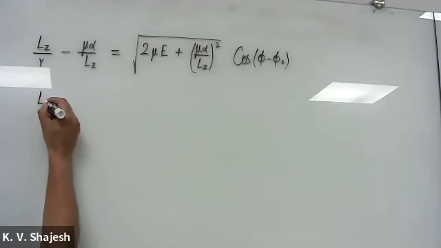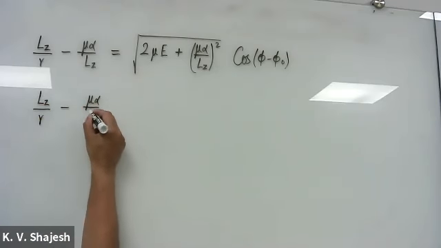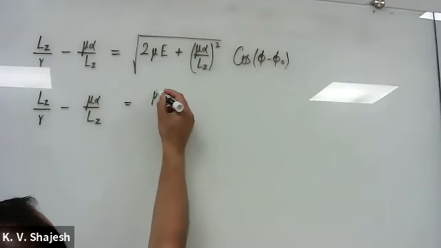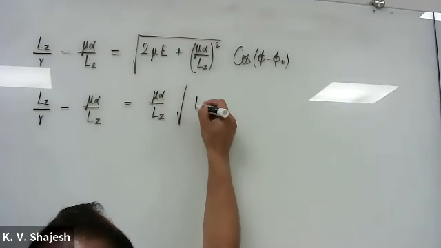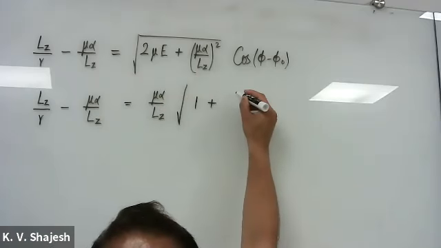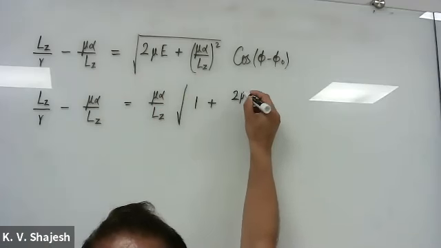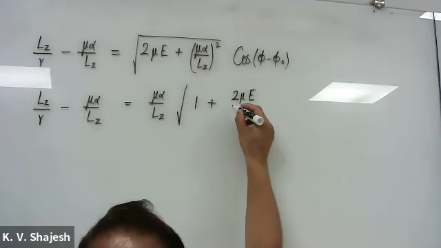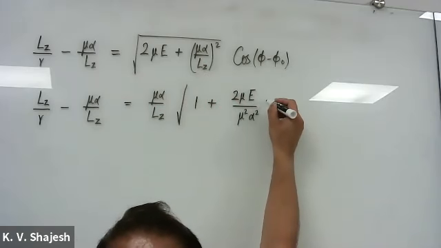So let me write this as LZ over R minus mu alpha over LZ is equal to, I take a mu alpha out, and this becomes 1 plus 2 mu E over this one, which is mu squared alpha squared over LZ squared.